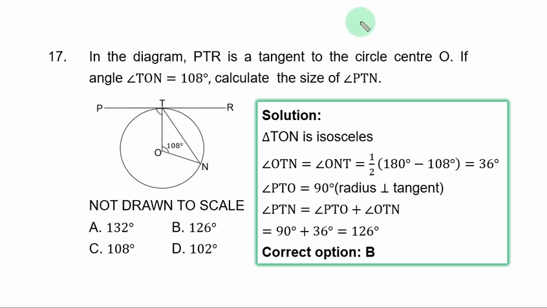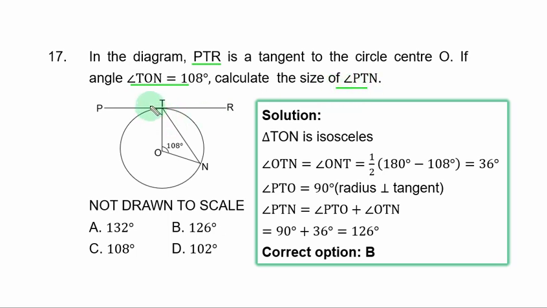Question 17. In the diagram, PT is a tangent to the circle center O. If angle TON is 108 degrees, calculate the size of angle PTN.